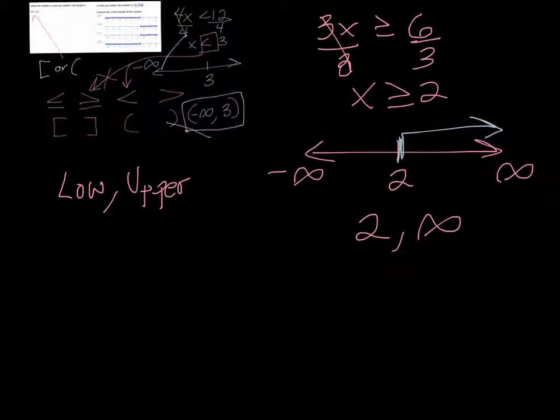But because of our inequality sign, that is or equal to, it's also a bracket. So when we're writing our interval notation, we say from 2, including 2, which means we use a bracket, to positive infinity. Well, infinity is never included, so we use a parenthesis for that.